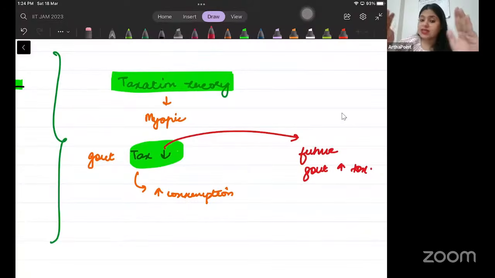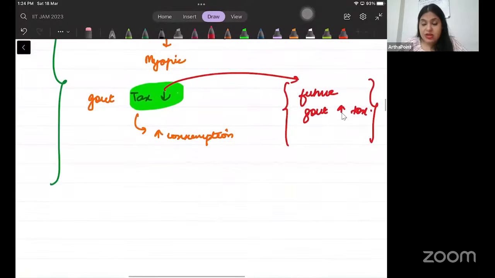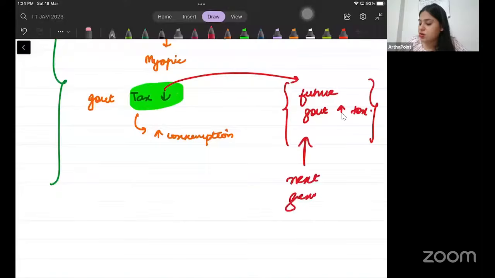They're short-sighted. They just think, okay, less tax today, let me consume more. Why? Because some people also argue that this increase in taxation may come at a period when they don't have to pay this increased tax.